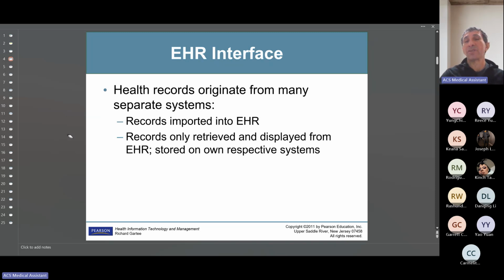Because when we talk about security, we are talking about your login and passcode that you've been given by the administrator in your company, so you can have access to the electronic medical records. And you should not share that login and passcode with anyone else. That's part of the security.